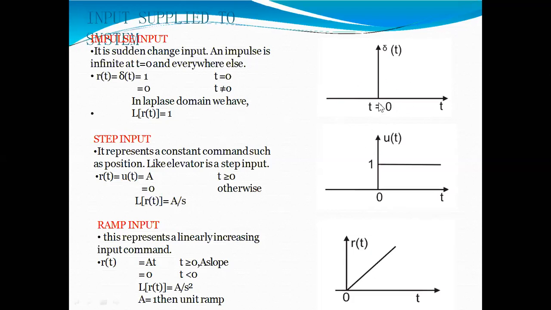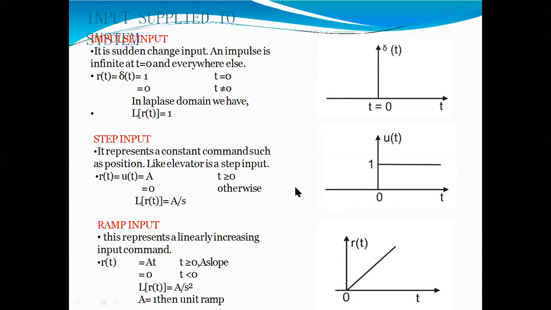You can see in the figure here, at t equal to 0, delta is equal to 1, but at t not equal to 0, it becomes 0. In the Laplace domain, the Laplace transform of delta of t is always equal to 1.